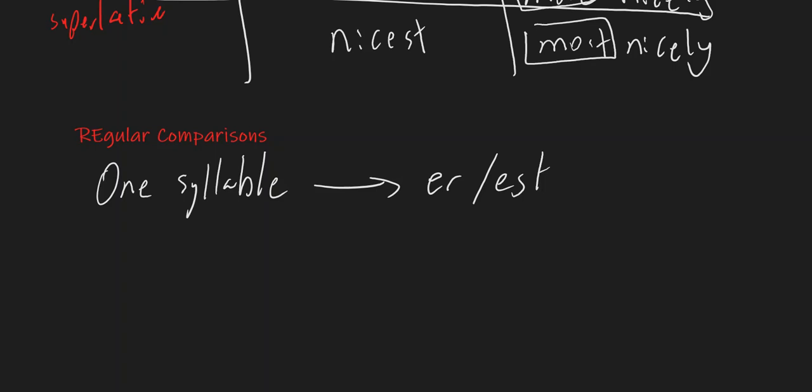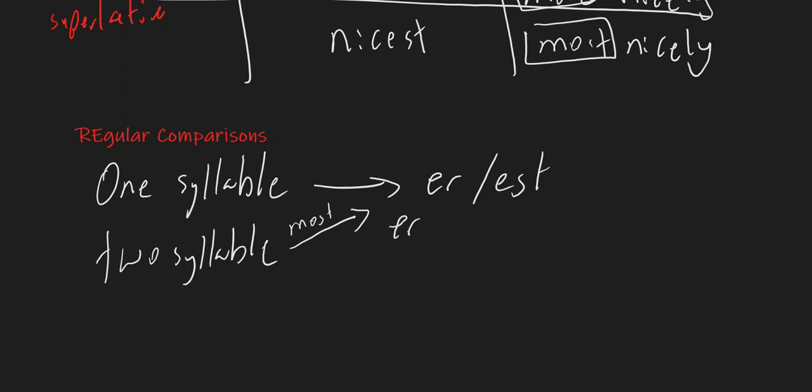In the two-syllable words, most of them we add er or est, but some of them would look weird if we add er and est, and therefore we add more before the word or most before the word.